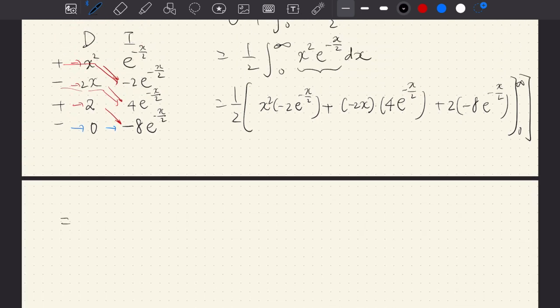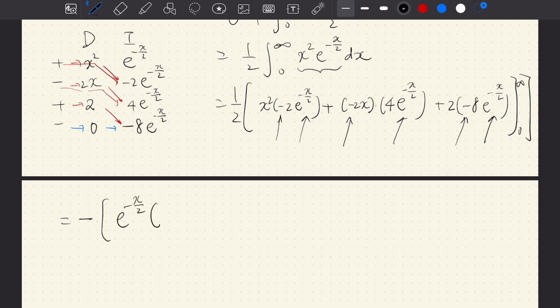Okay, we can multiply the 1/2 into the bracket, and also we can do some simplification. So here, you notice that there is a negative sign here, and a negative sign here. So we take the negative sign out, but pull the 1/2 in. And also, you see that every term has e to the negative x over 2, so we factor it out.